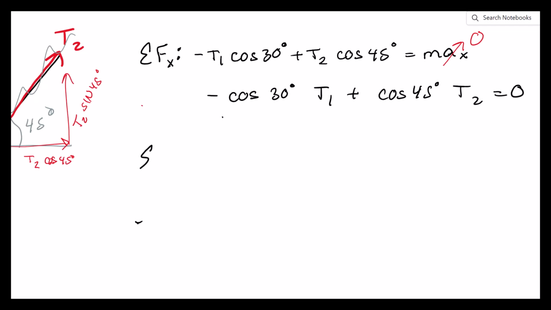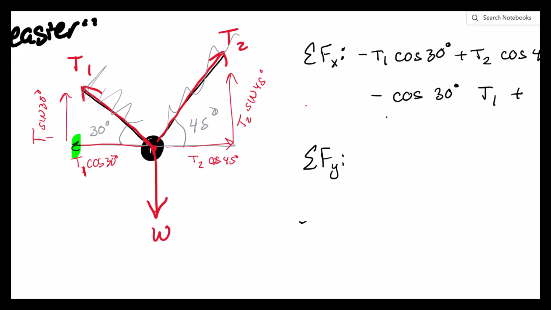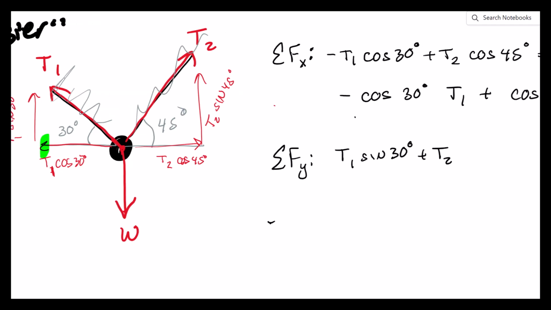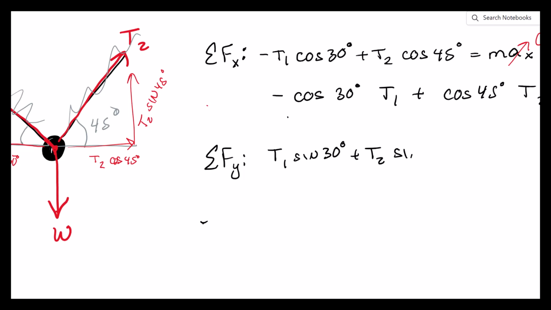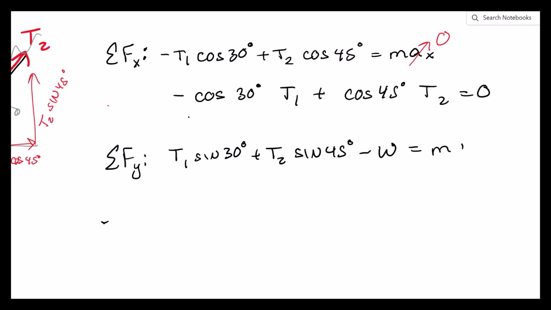Okay, now I have the sum of the forces in the y direction. So I've got T1 going up with a sine 30. I have T2 going up with a sine 45. I have W going down, and that equals mass times acceleration in the y direction. And again, acceleration in the y direction is 0, because it's not moving.